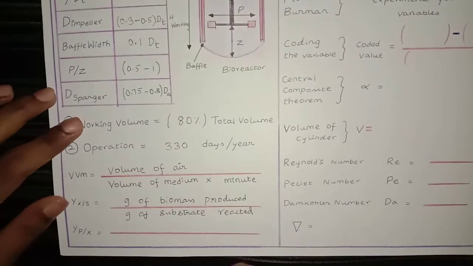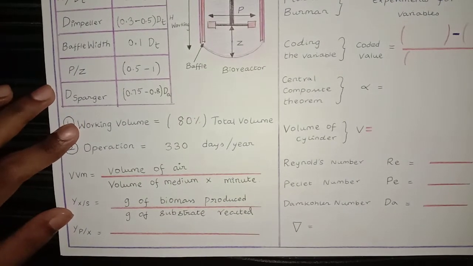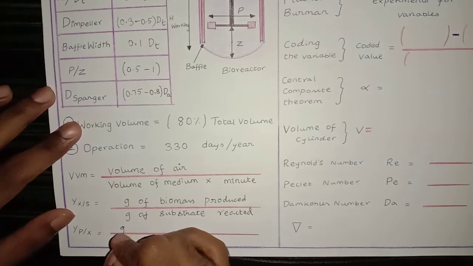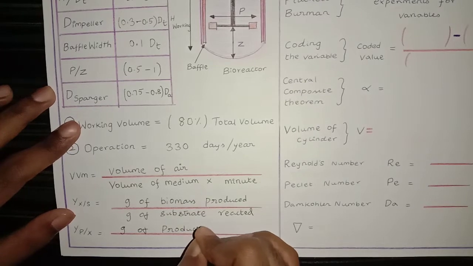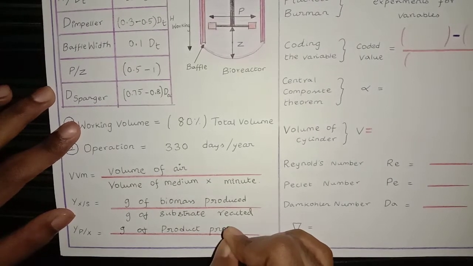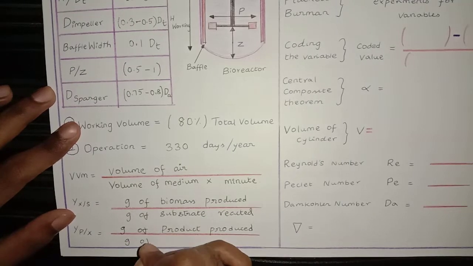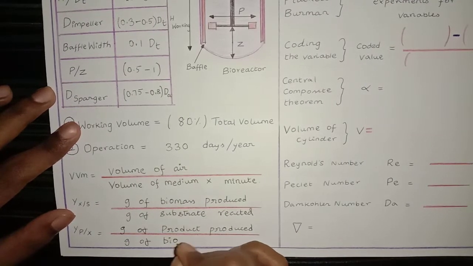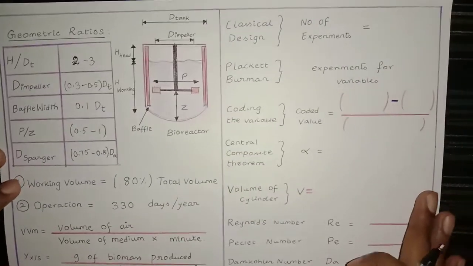So Yp bar x is the yield coefficient of product on biomass, that is grams of product produced per gram of biomass.